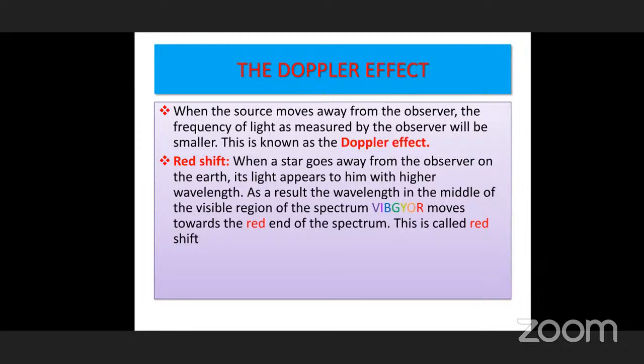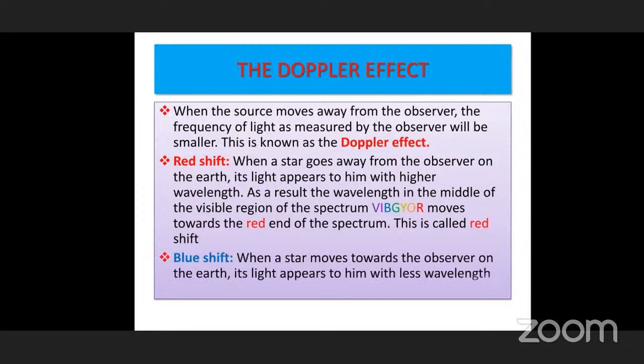Therefore, it is called red shift. Can you understand? When a star goes away from the observer, the light appears to have higher wavelength. Therefore, even though the colors are blue, green, yellow, it seems to be red. The spectrum moves towards red. This is red shift.